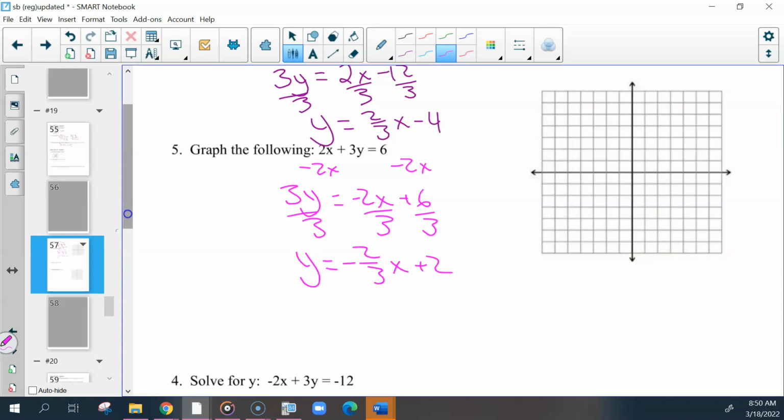Our y-intercept would be at positive 2. Our slope would be negative 2/3. So go up 2 to the left 3 as many times as possible, and down 2 to the right 3 as many times as possible. Questions on that?